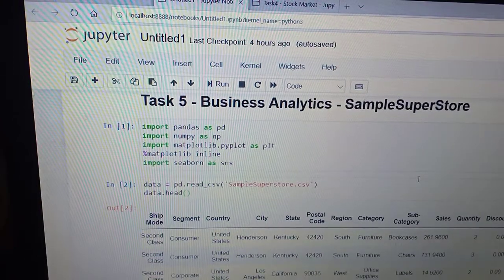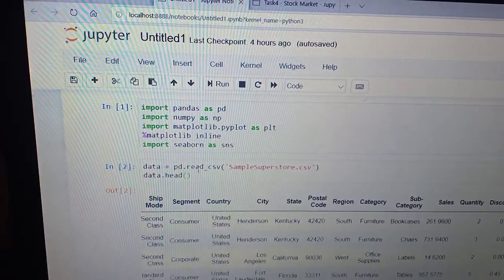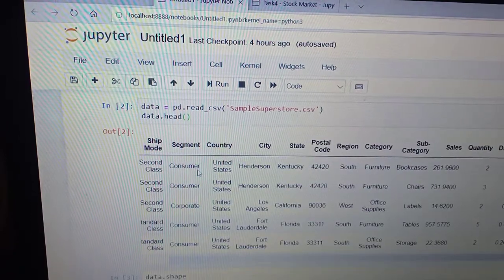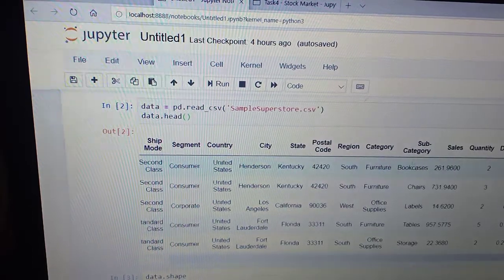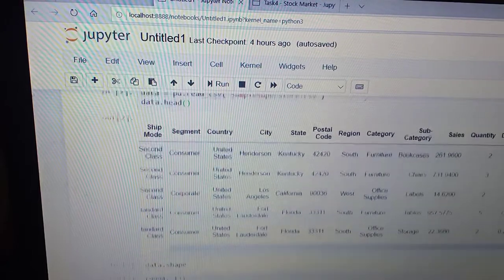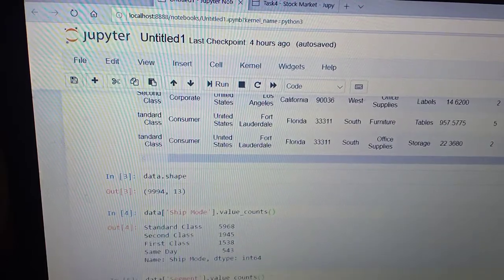I've not used it anyway. So I've just loaded the data into the data variable and tried to visualize it with data.head, only the 5 rows. So I just saw that there are a lot of columns, and obviously the data is also there for those columns.